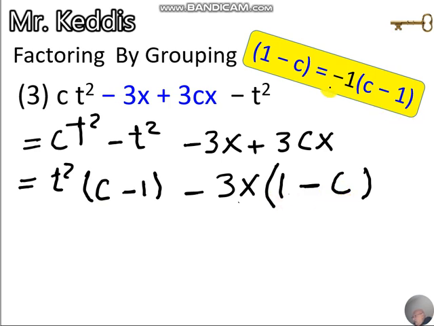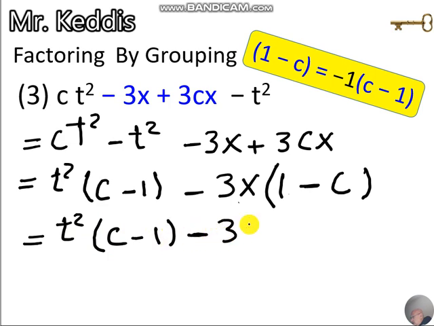To switch it, I multiply it by negative 1. Equal, t squared times (c minus 1). This is minus 3x. To switch this 1 minus c to c minus 1, I have to multiply it by negative 1, and this one became c minus 1.